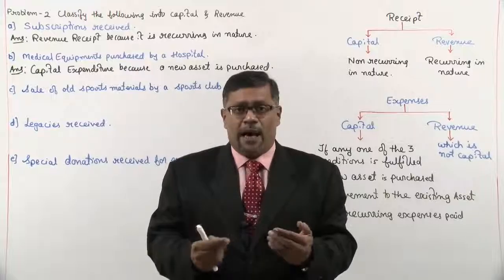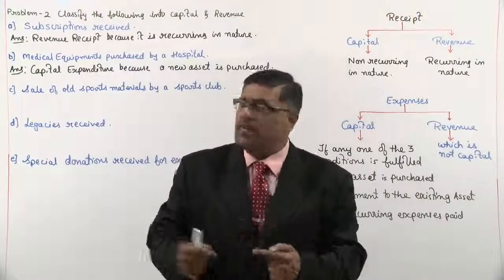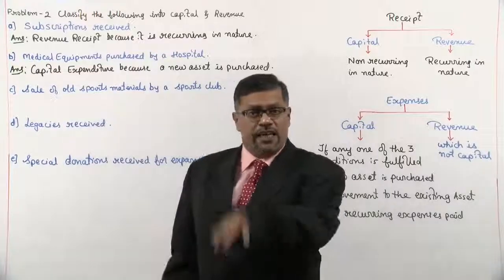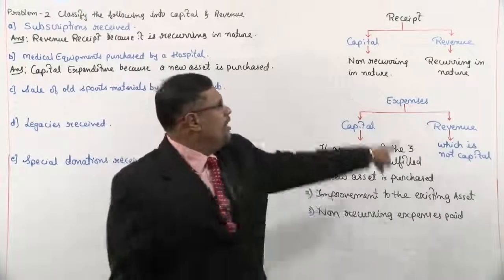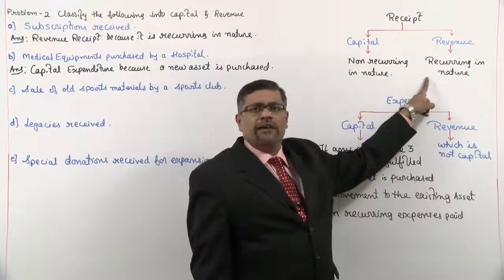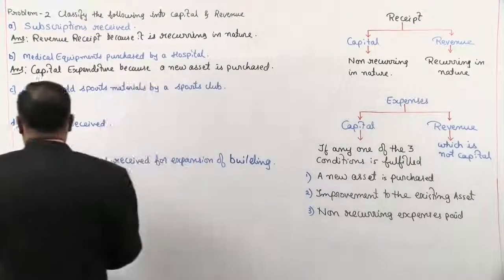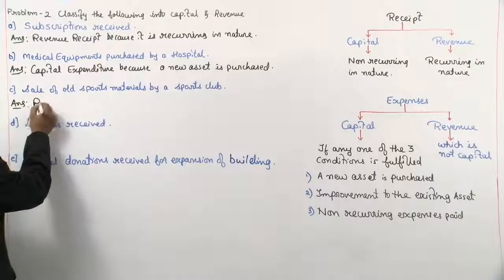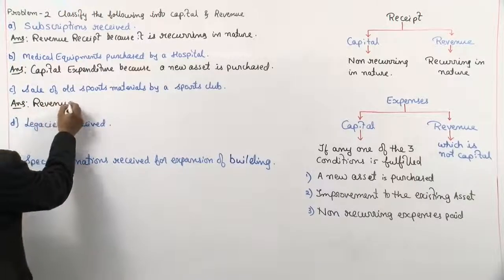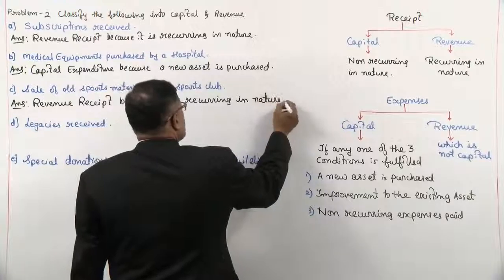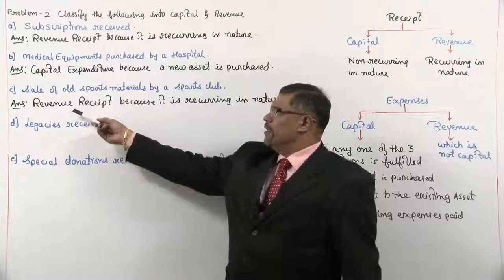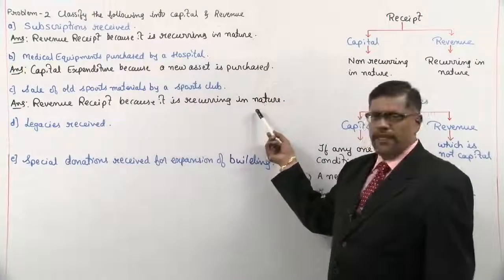That means they receive that income again and again by selling the old sports material. So what is it, recurring or non-recurring? Recurring. Recurring is nothing but a revenue receipt. Let us write down the answer. So sale of old sports material, revenue receipt because it is recurring in nature.